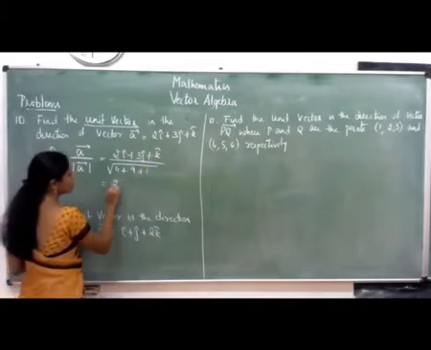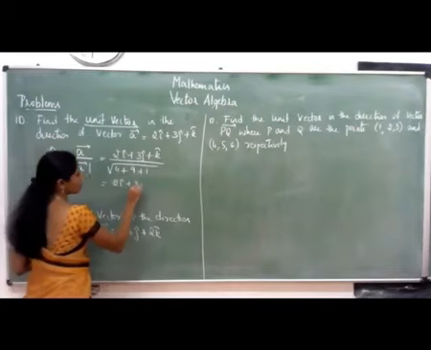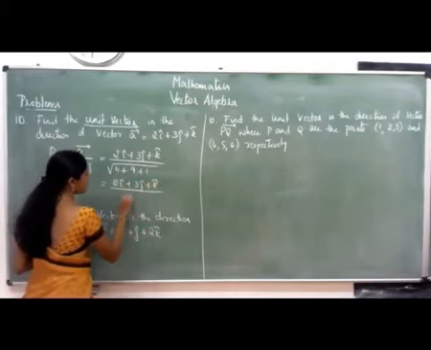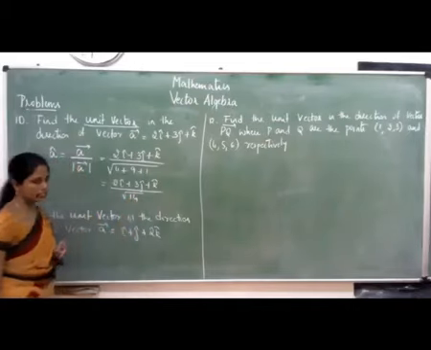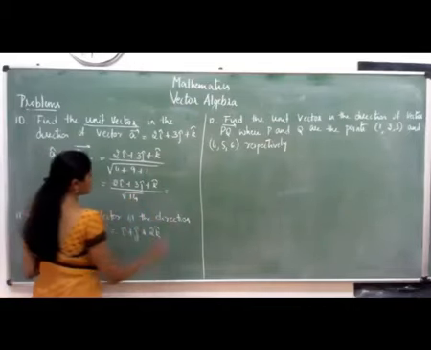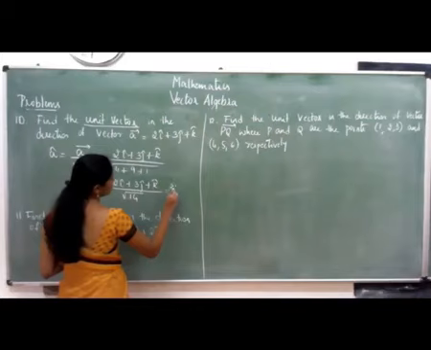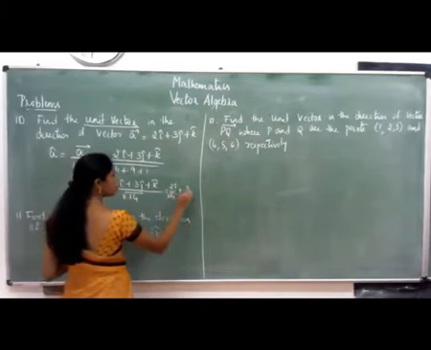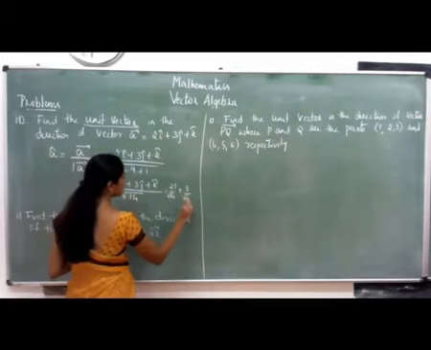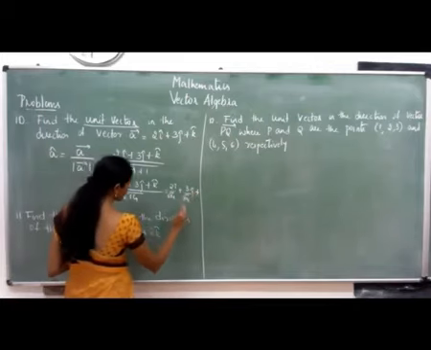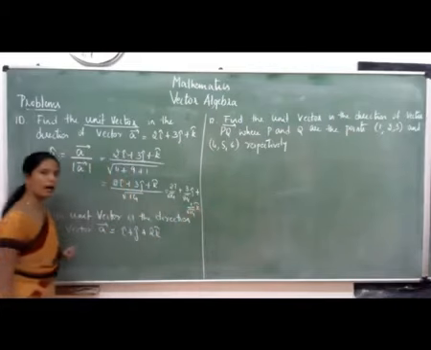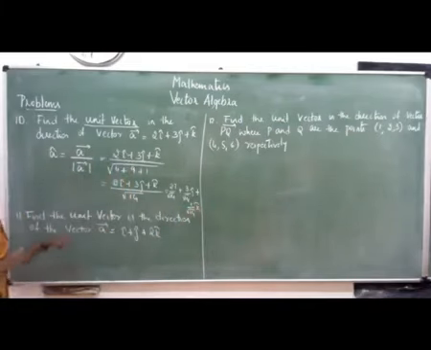Therefore, this will be equal to 2i cap plus 3j cap plus k cap divided by root 14. So you can write it as 2 by root 14 into I cap plus 3 by root 14 into j cap plus 1 by root 14 into k cap. This is how we find the unit vector.